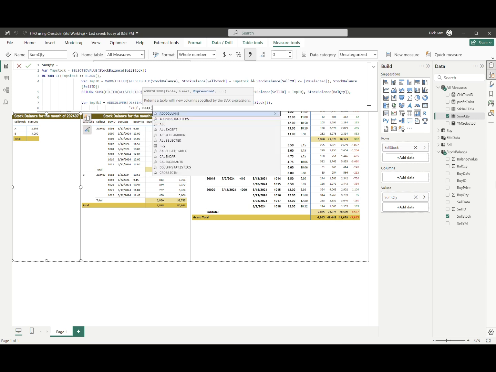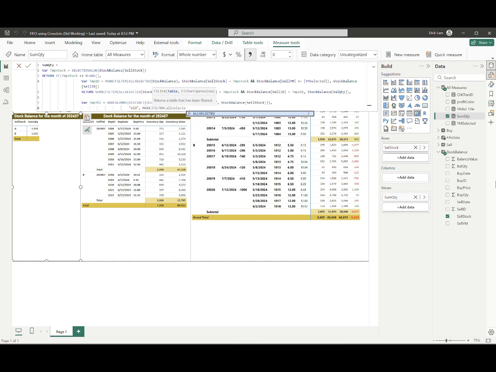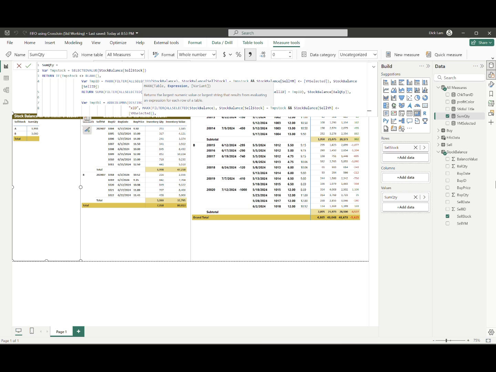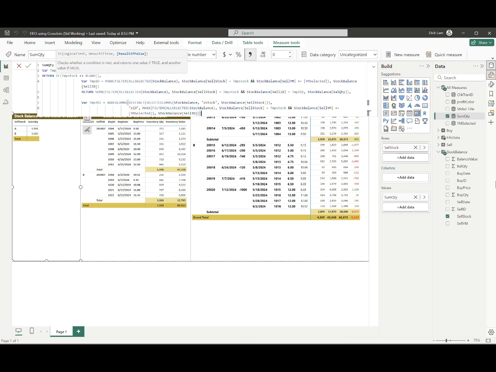What is the XID? It is the maximum filter or selected stock balance, right? And the cell stock equal to temp stock. And what? The cell YM less than or equal to YM selected. And then we need a column of cell ID. All right. This closing bracket is corresponding to the max X, and then I need to add one more closing bracket corresponding to the add columns.